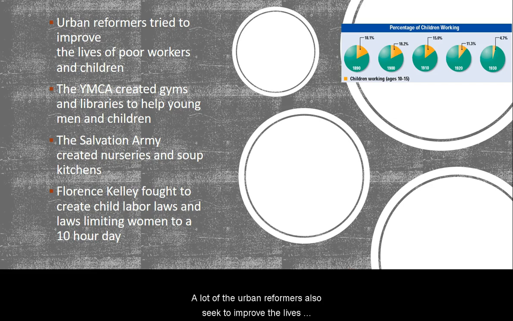A lot of the urban reformers also seek to improve the lives of workers and children. Remember, urban is just another word for city. And one of the ways that these urban reformers are going to try to do that is through a couple of organizations that we're probably really familiar with now. One of those is the YMCA.